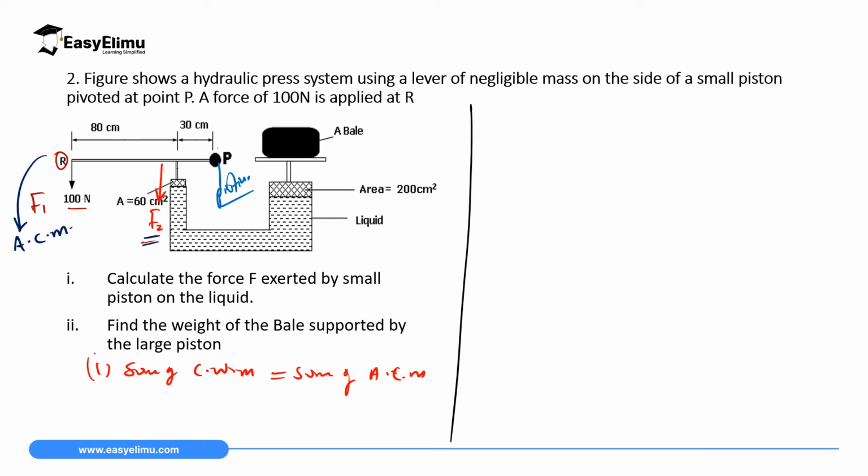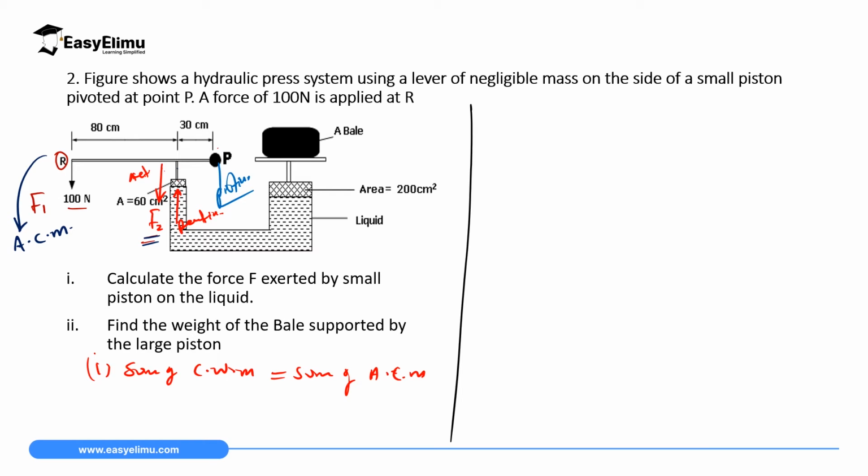But in this case, the force which will make this rule to move in anti-clockwise direction is the reaction. There's a force which will be exerted by this liquid upwards. Because remember, we said action, this is action here, and reaction. Action and reaction are opposite and equal. So when you push this piston down, it will experience an upward force which will be caused by this fluid.